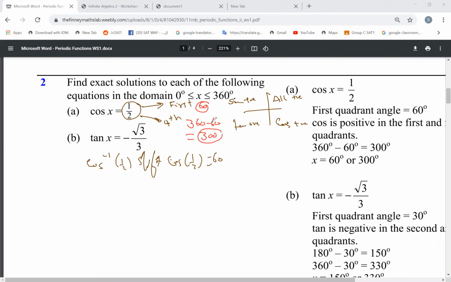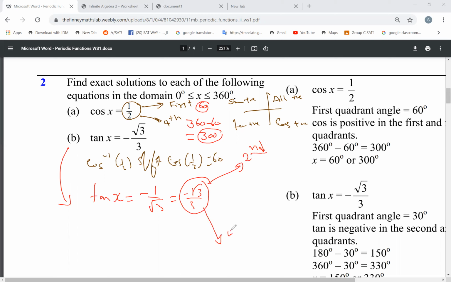Okay, look at number b, tan x equals root 3 over... this is negative 1 over root 3, or negative root 3 over 3, the same. Where is this? Tan negative is in the second quadrant or in the fourth quadrant.